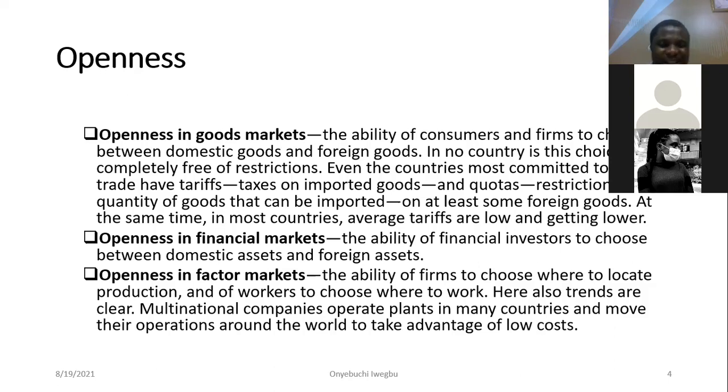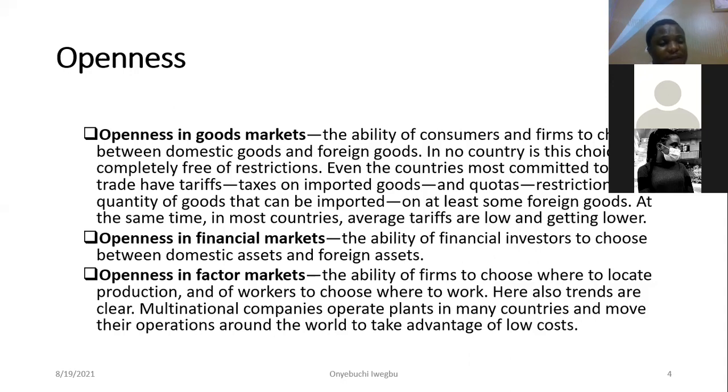So for at least some foreign goods, there will always be some restriction. For example, in Nigeria, we have restrictions on cement. We have restrictions on staple foods, the rice, the beans, the flour, and all of that. The basic ideology behind that is just to protect the domestic firms.